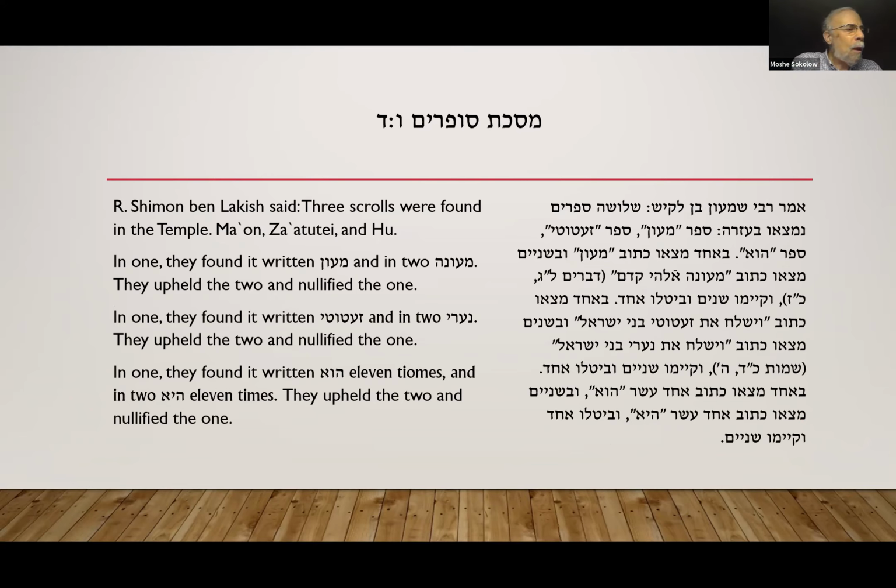Now, the fact that eventually the alphabet was agreed upon doesn't mean that everything right away was written the same way. Here we have a passage from a text which, despite the fact that it's called Masechet Soferim, is not really part of either the Babylonian or the Palestinian Talmud.